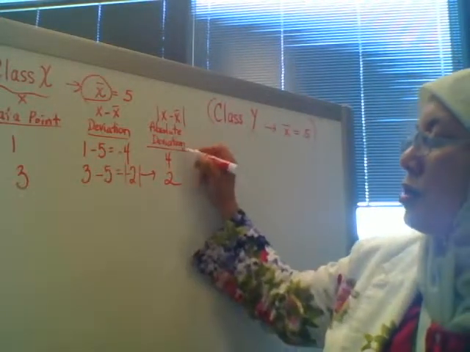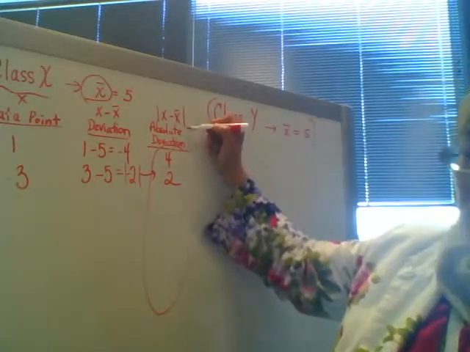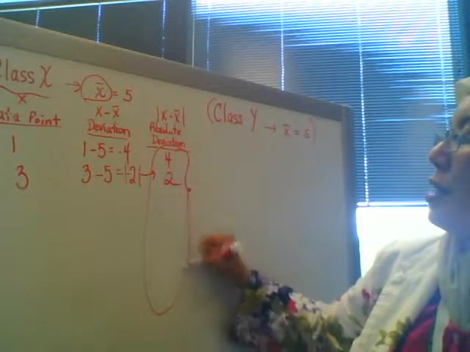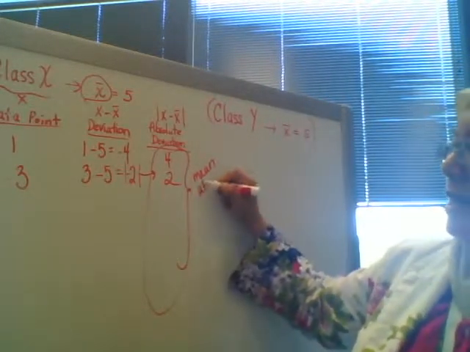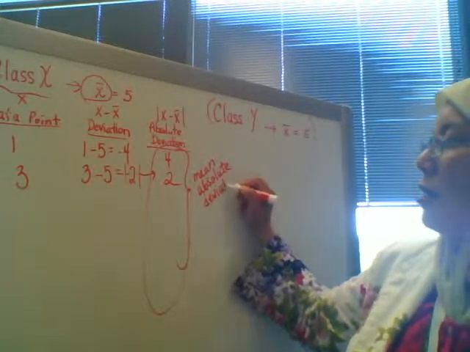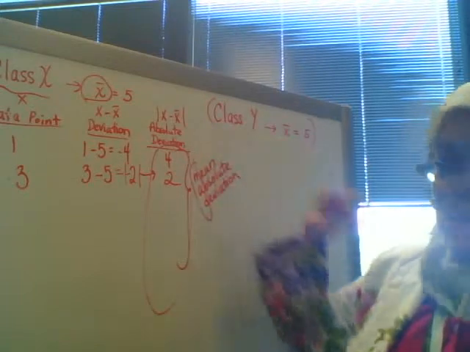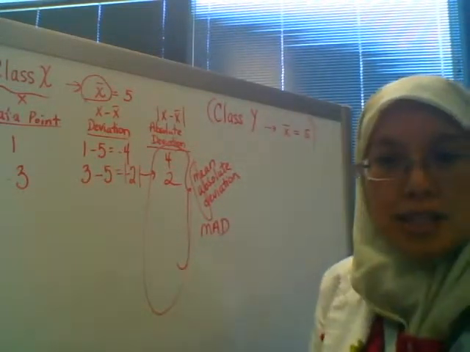Then what you're going to do is take these values that you just calculated, the absolute deviation values, and find the mean, or the average, to get the mean absolute deviation, also known as MAD, right? So MAD is what you want to calculate.